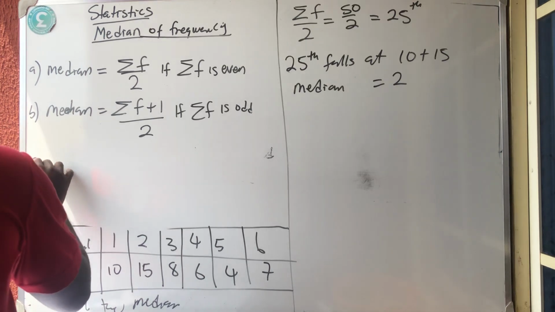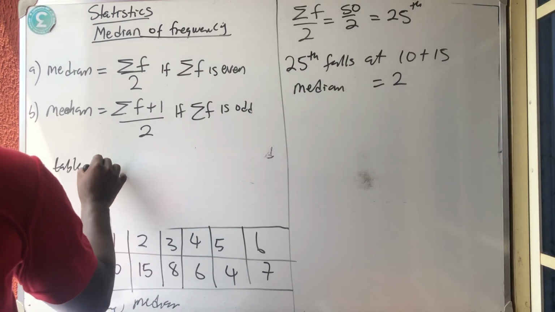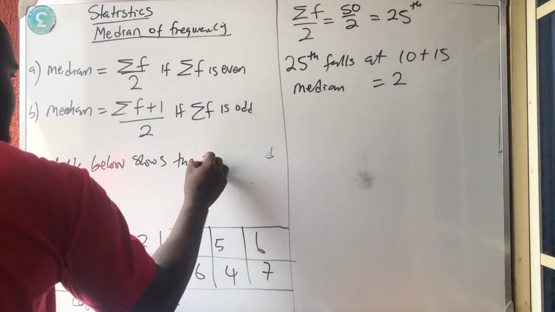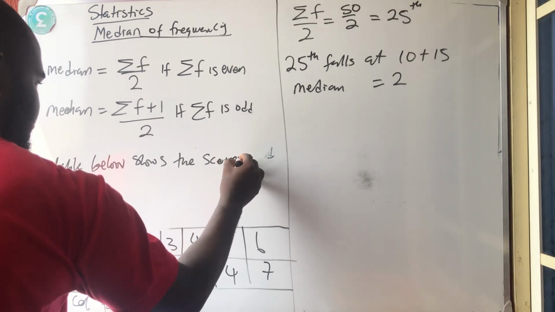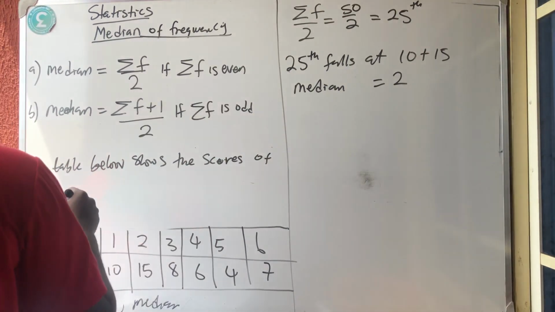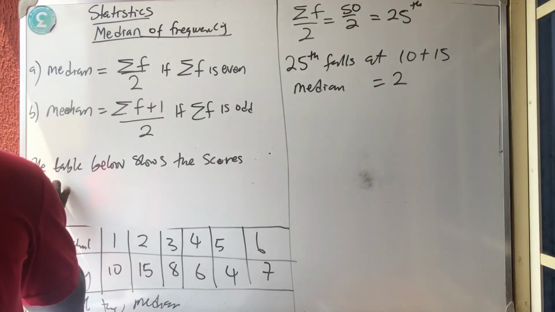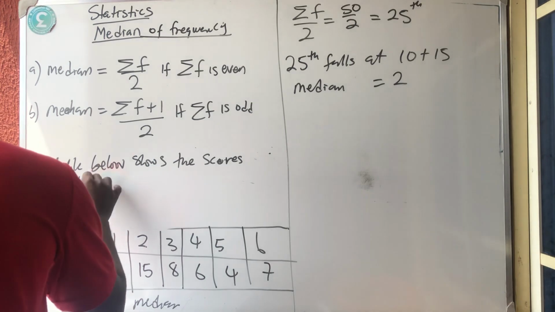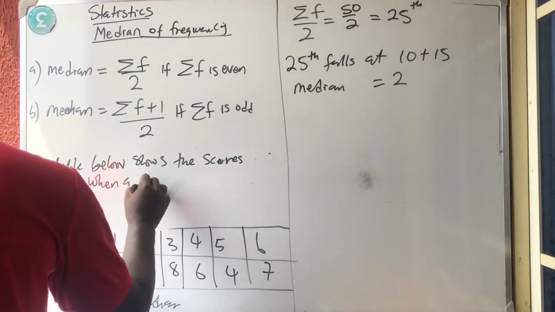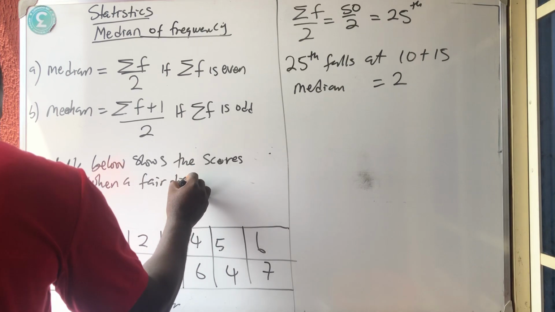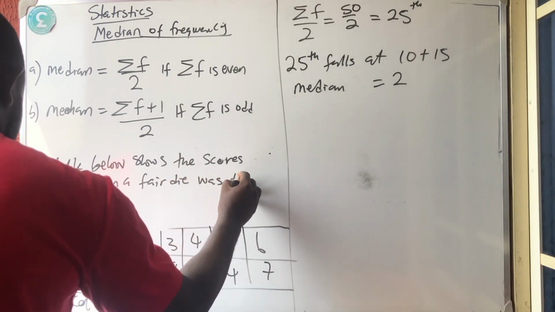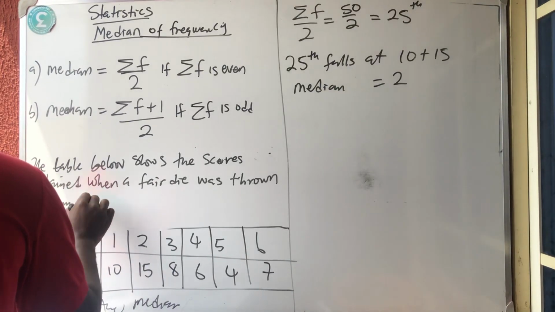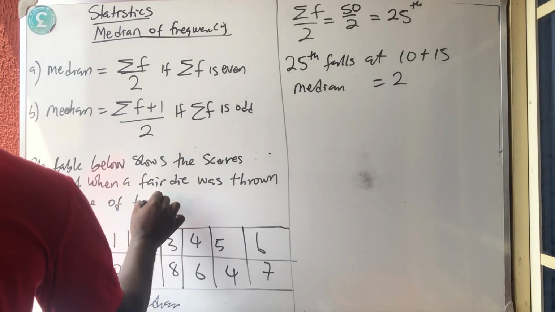They say the table below shows the scores obtained when a fair die was thrown a number of times.